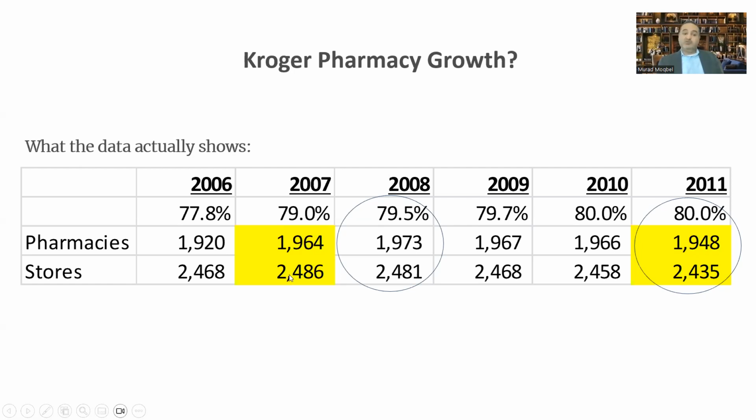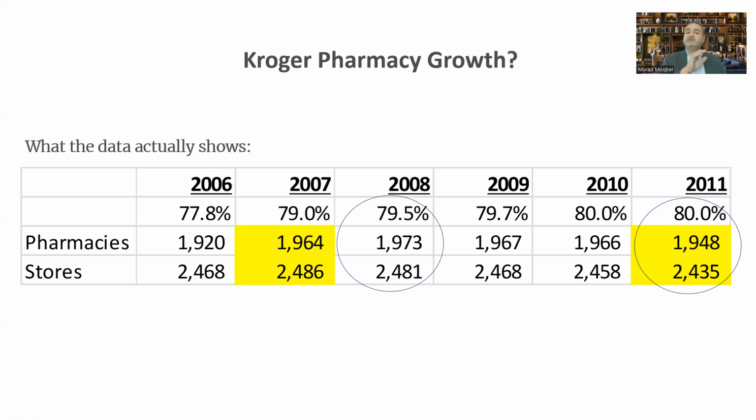So the same thing for stores. They were a higher number, and then they went down also in 2011. So we can see that there is a decrease in the growth in terms of the number of pharmacies and the number of stores.